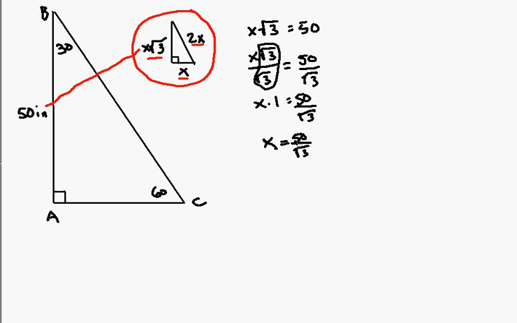Now, it just so happens that in mathematics, they do not want you to leave the radical or the square root in the denominator. So we're going to multiply this through by a form of 1. So we're going to multiply this through by the square root of 3 over the square root of 3. You're asking yourself, why did we choose the square root of 3 over the square root of 3 as a multiplier?